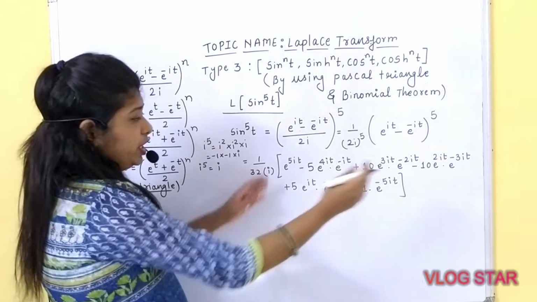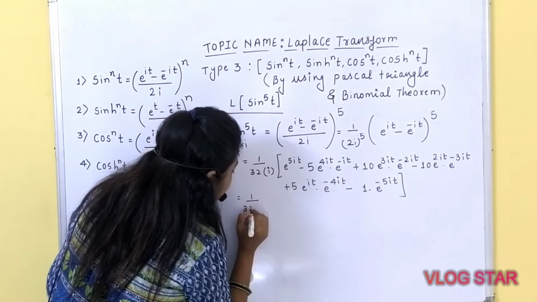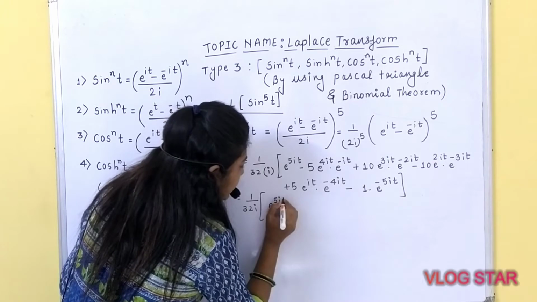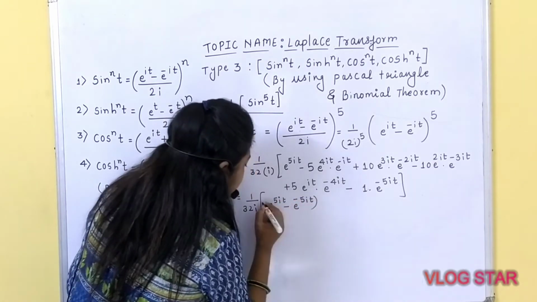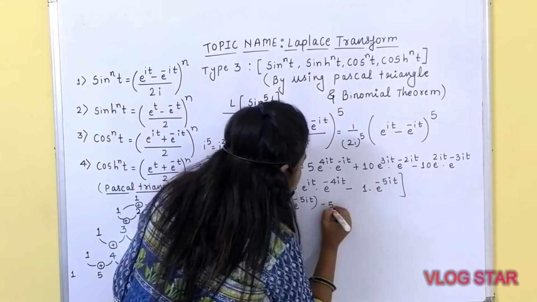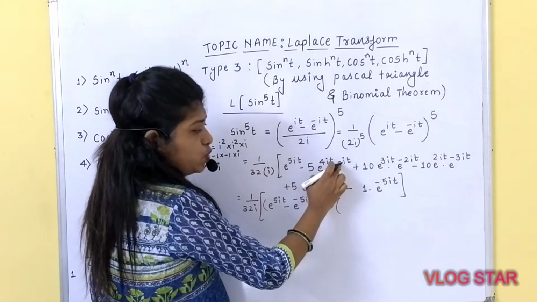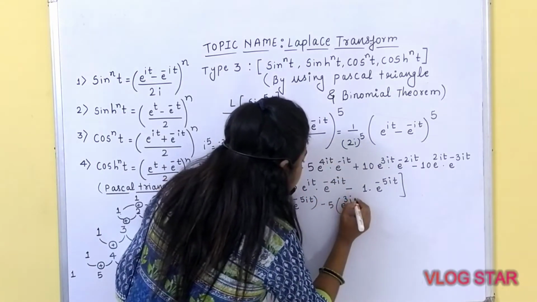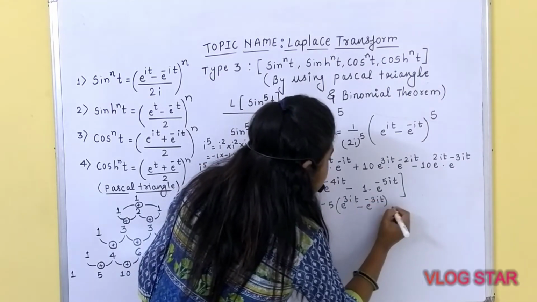Next step is we need to club them. If you club them, you get (e raised to 5it minus e raised to minus 5it) minus 5 inside the bracket, e raised to 4it into e raised to minus it, which gives (e raised to 3it minus e raised to minus 3it).